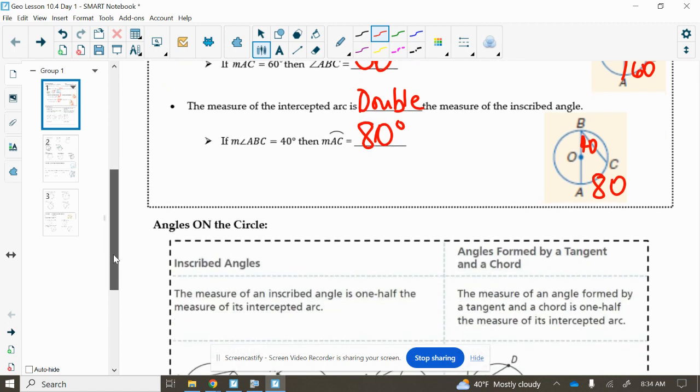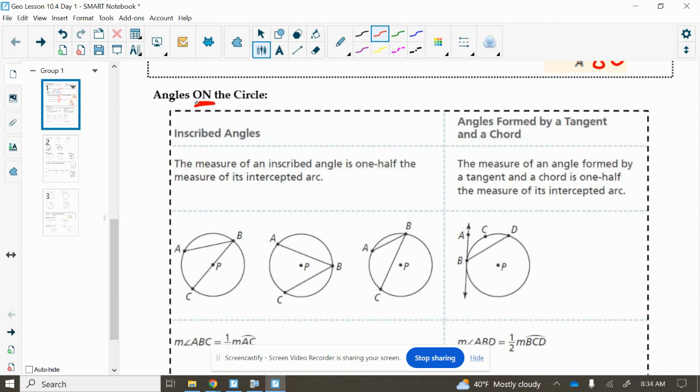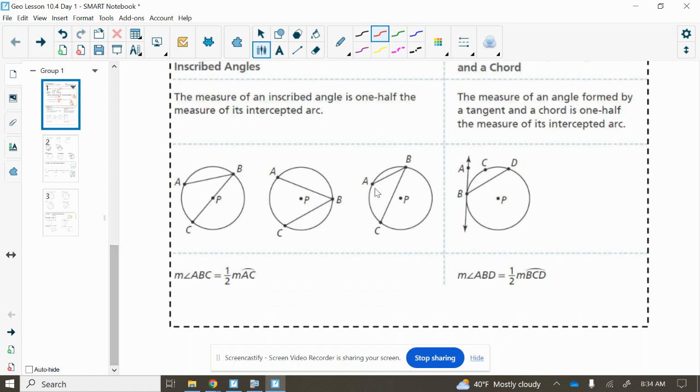Now, this is also going to work for other types of angles on the circle besides our inscribed angles. So we see some examples of inscribed angles in these first three. And again, we know that the measure of the angle is going to be half of the arc, or we can double that angle measurement and it will equal the arc, right? That's also going to play for angles that are just on the circle that aren't necessarily inscribed.